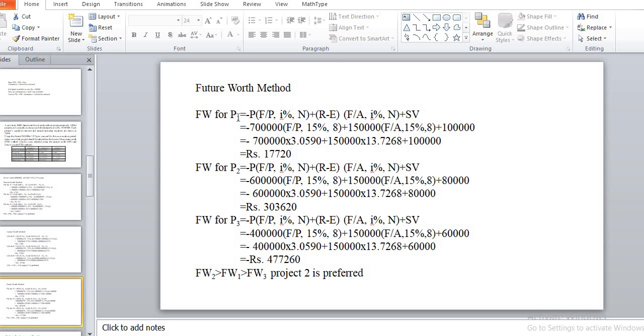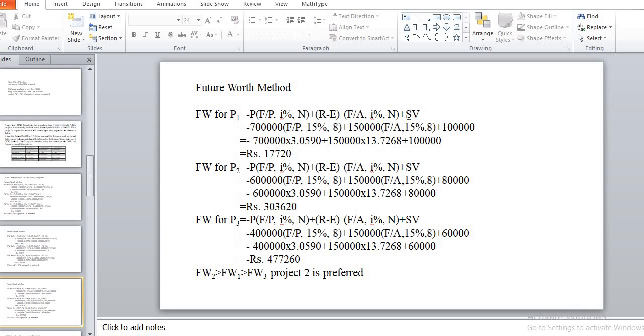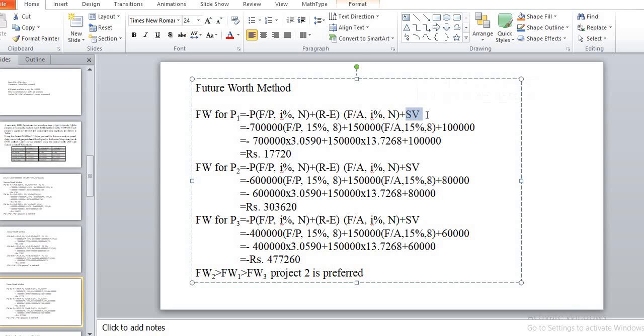Similarly, you can calculate for the future worth. Again there are 3 elements: investment, revenue minus expenses, and the salvage value. As it is future worth, the salvage value doesn't have any factor here. All remaining 2 elements are considered with the factor.